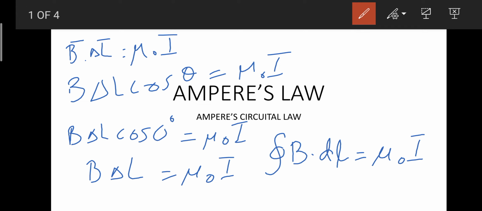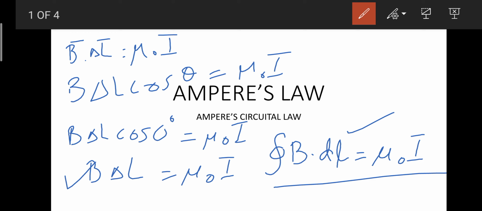So this is the relation through which we can also discuss it. Don't get worried if you see Ampere's law with this particular formula. This is also correct.